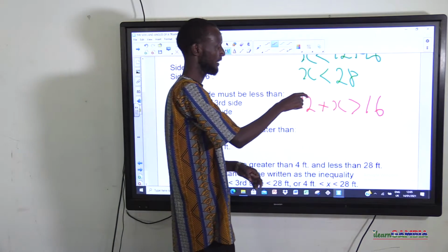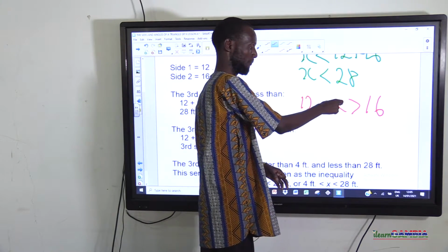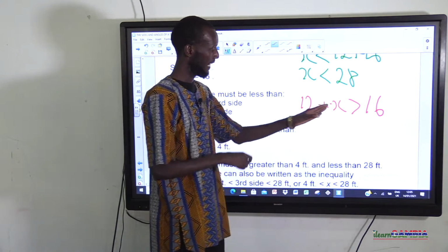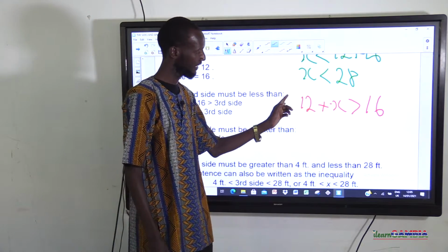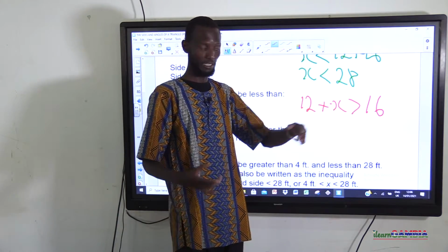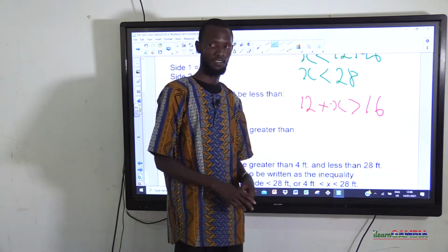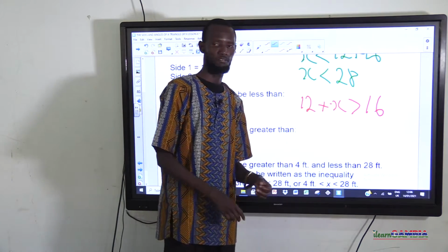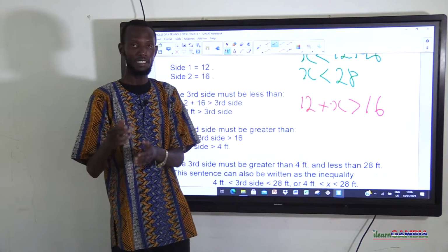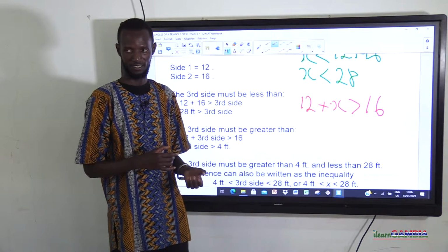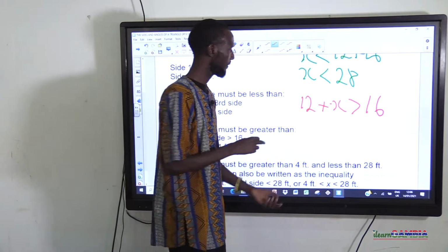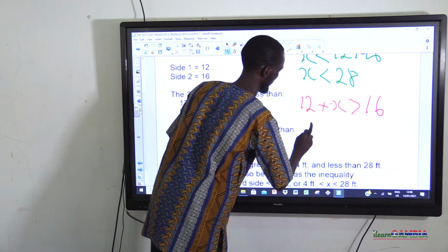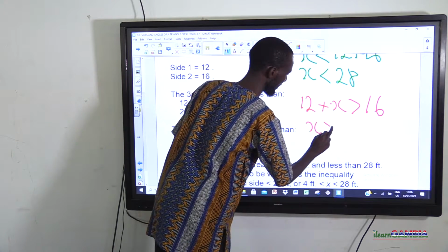But if you take any number greater than 4 and add it to 12, you will get a sum which is greater than 16, which is what you want. For example, 12 plus 5 will give you 17, and 17 is greater than 16. So therefore, this third side has to be greater than 4.